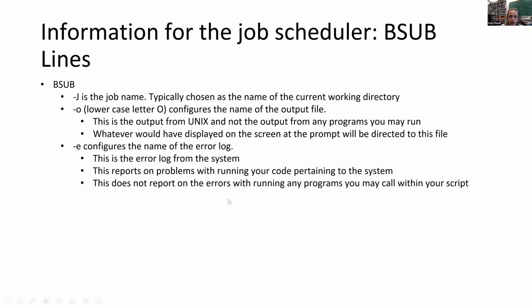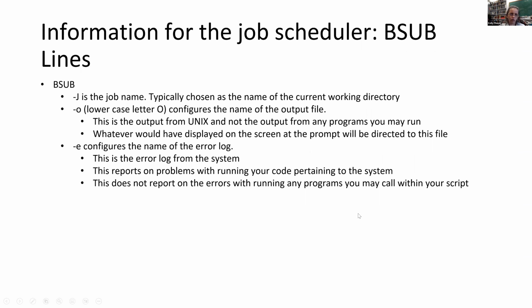So if you're running a program and that program throws an error, it's likely that that one will land in the output file on the -O flag because it will be something that would be passed to Unix, and then all of the things that Unix would normally handle go to the -O file. So you may find errors either in the -O or in the -E.